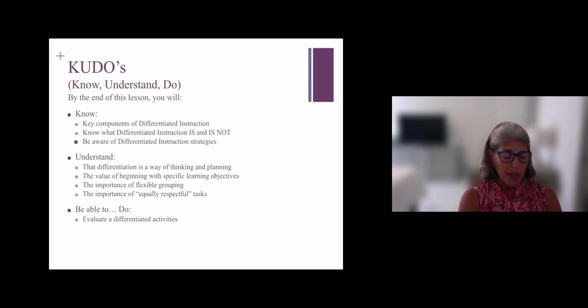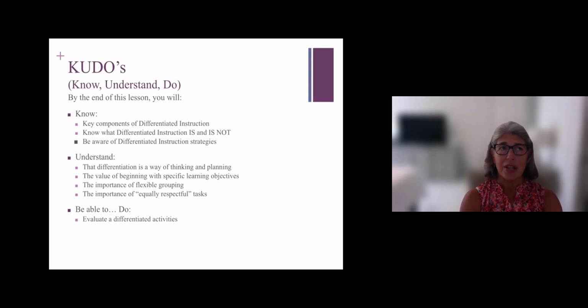When I go to plan a lesson, I always start with the learning objectives: what do I want you to know, understand, and be able to do by the end of the lesson. So by the end of this lesson, I want you to know what the key components of differentiated instruction are. I want you to know what differentiated instruction is and is not. And I want you to be aware of some different differentiated instruction strategies.